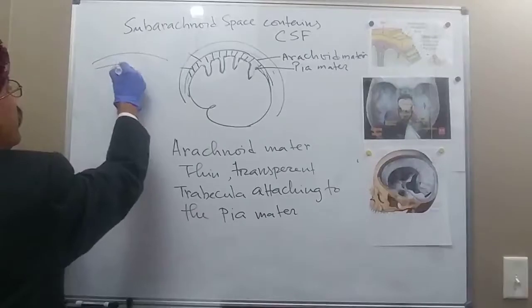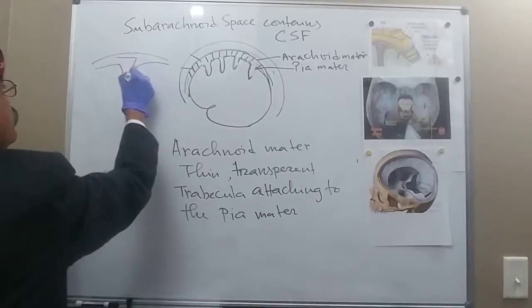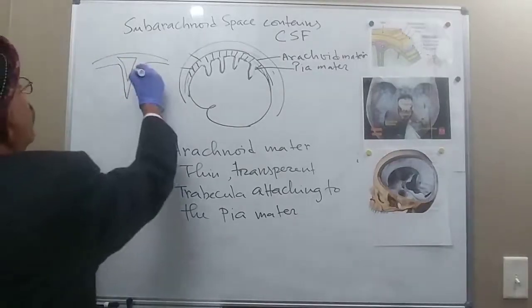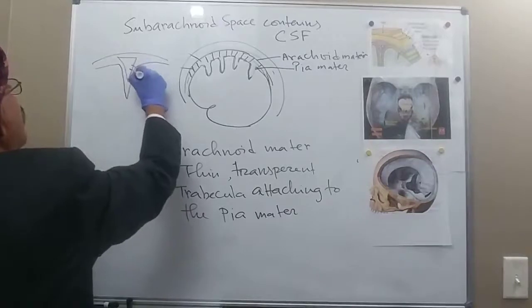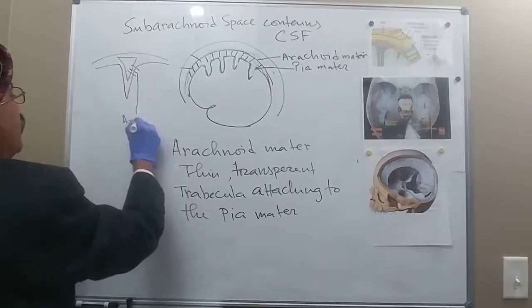We know that the dura mater has the superior sagittal sinus, and some arachnoid villi go there. These are arachnoid villi.